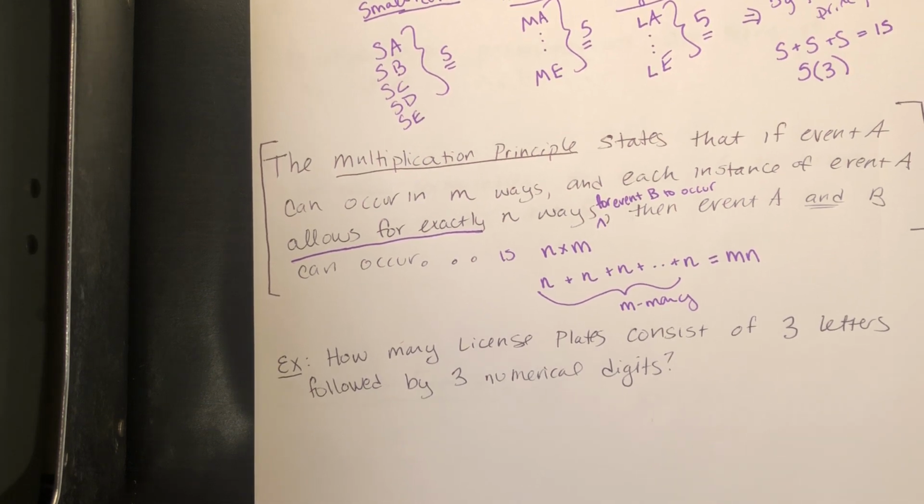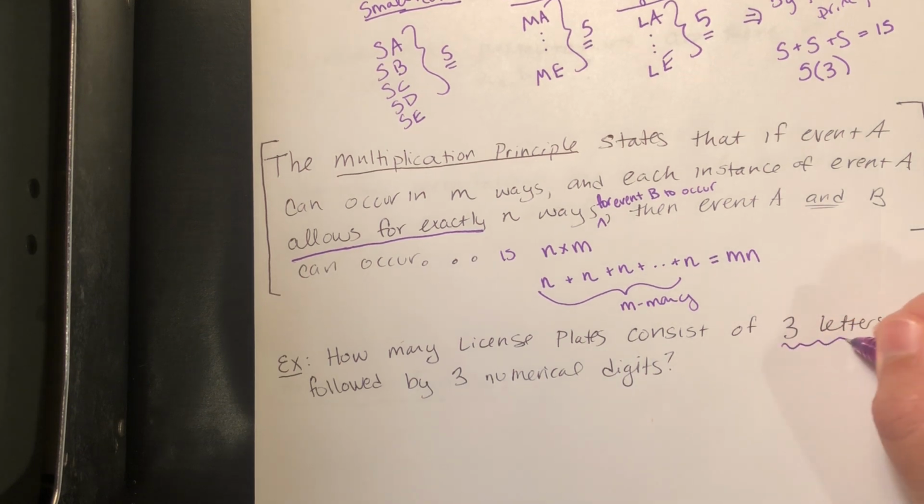Any type of problem where we're trying to count possible passwords, or possible license plates, or possible strings of letters and numbers is probably going to be a multiplication problem. So as an example, how many license plates consist of 3 letters followed by 3 numerical digits? Okay, so let's think about this first possibility here.